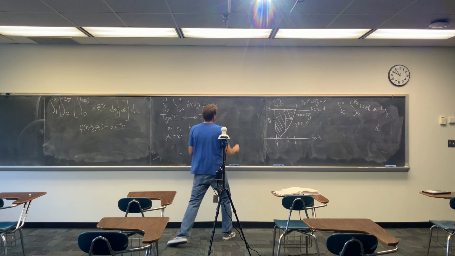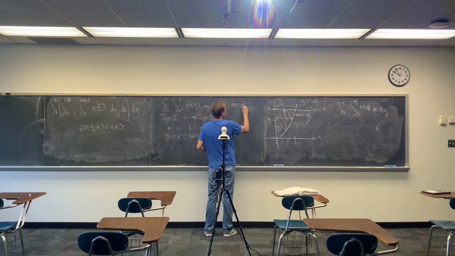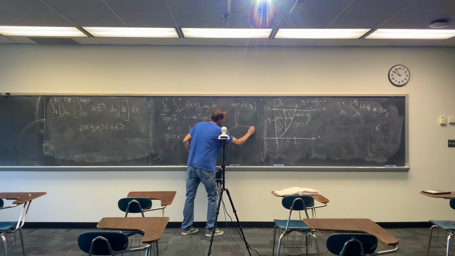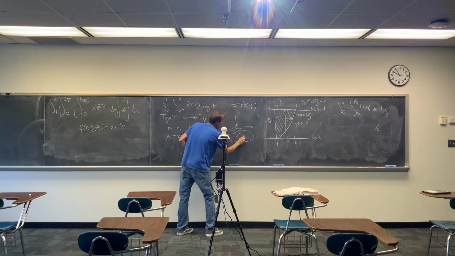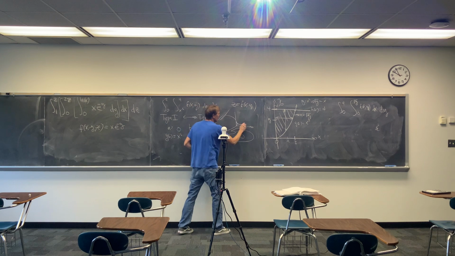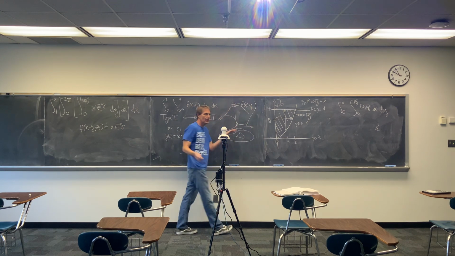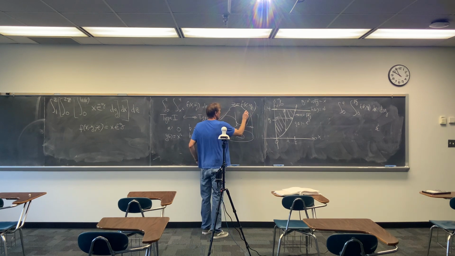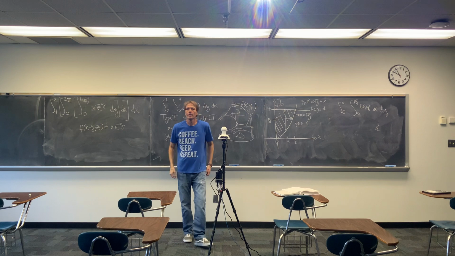Because it makes sense when you say z equals f of x, y. I can visualize that. I've got some domain down here, I've got a space sheet, z equals f of x, y, and I want some volume under this thing.